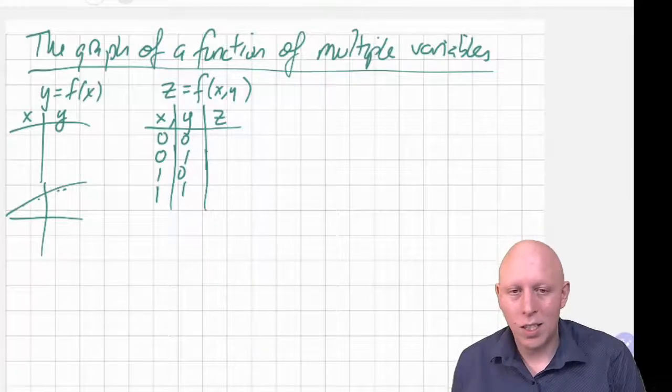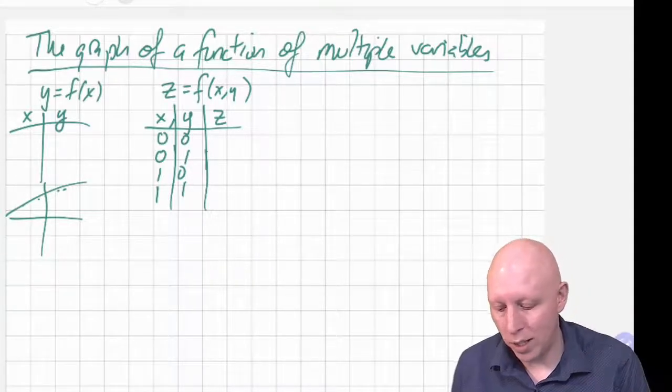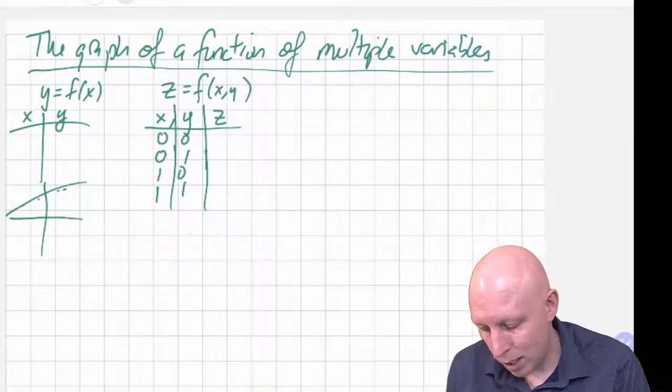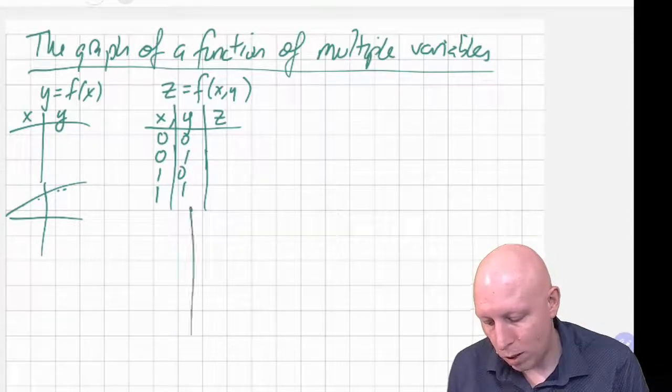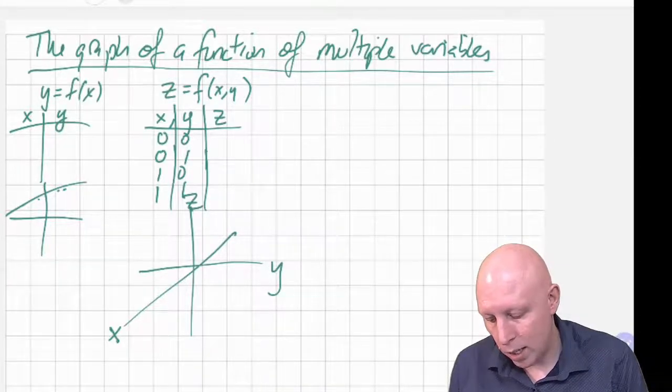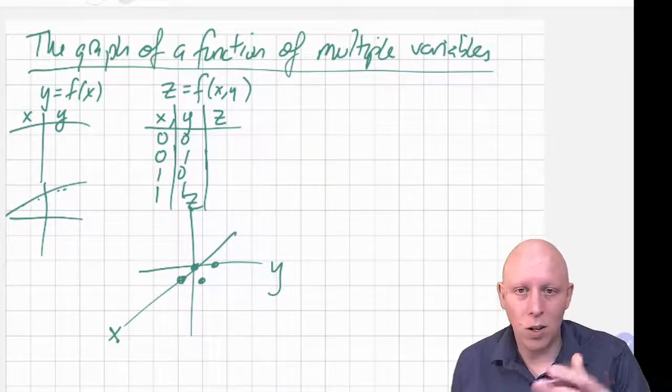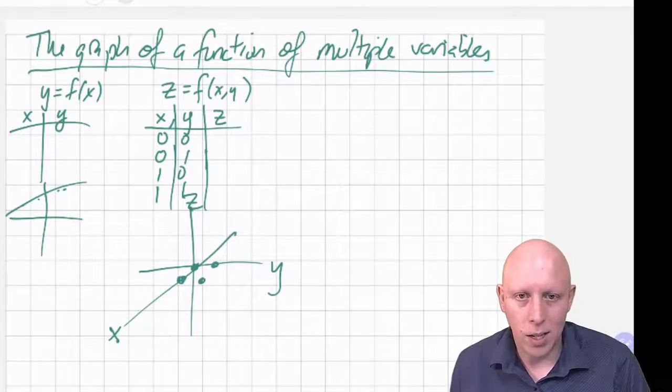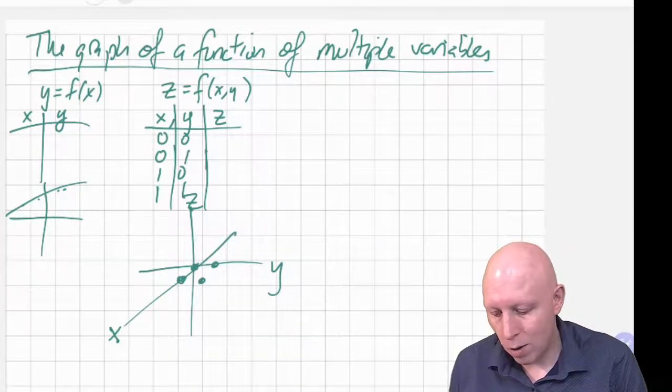You can see that this can get a bit more complicated, but the same idea works here. We have our three variables, x, y, and z, and we look at all the different xy pairs that are in our domain, and we figure out what the z value is at them.